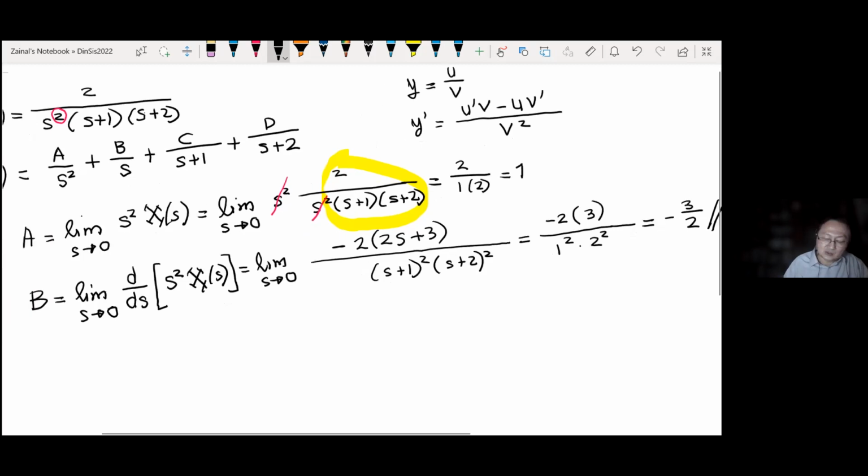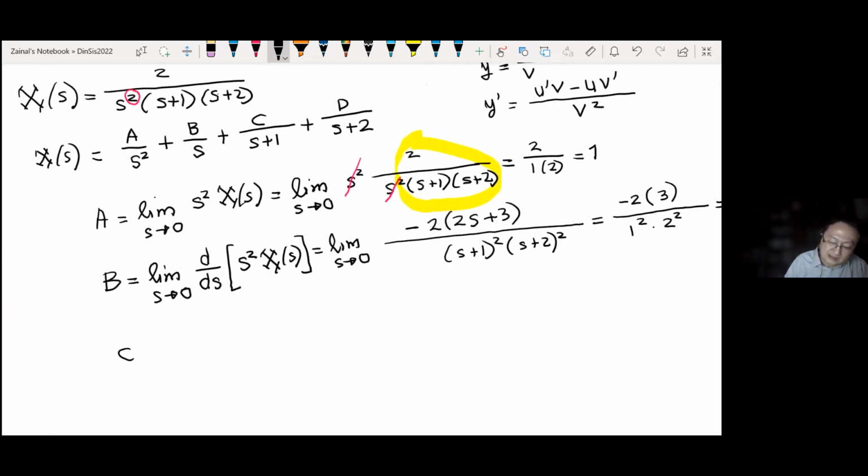Okay, so C is simple. C is the limit as previously. C is the limit as S approaches minus 1 of (S plus 1) multiplied by X(S).